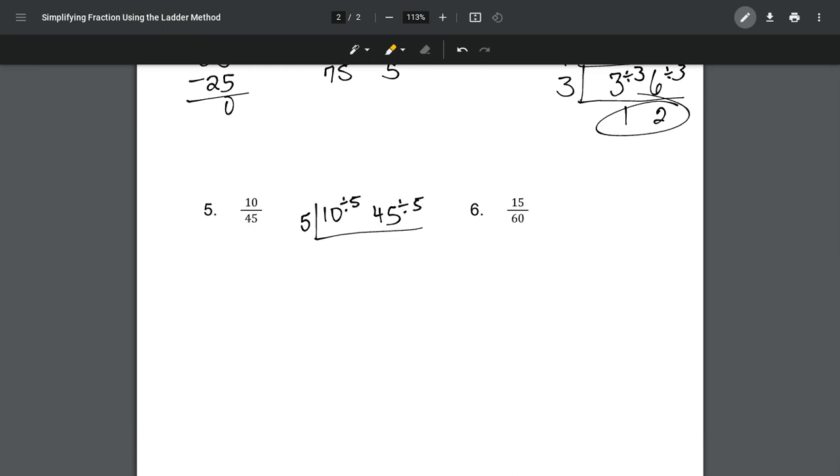Or you can look in your multiplication chart, and in the 5 column or row, you see a 10 and a 45. 10 divided by 5 is 2. 45 divided by 5 is 9. The only number that will go into a 2 and a 9 is 1. So 10 over 45 simplifies to 2 over 9. Again, this is my numerator and this is my denominator.